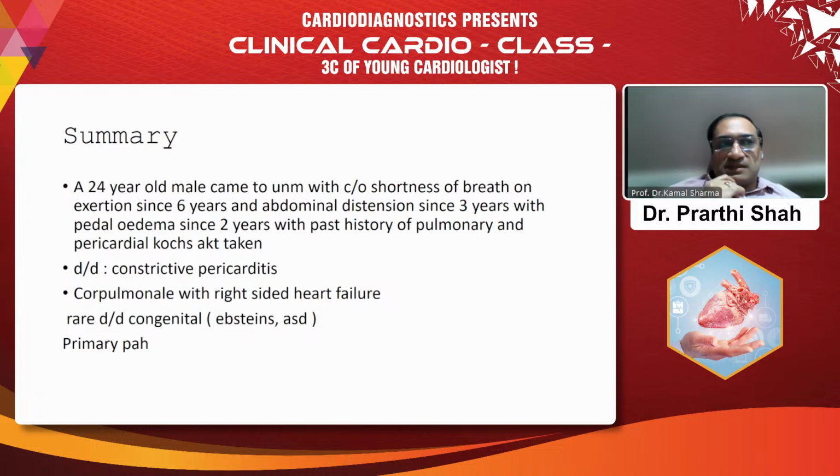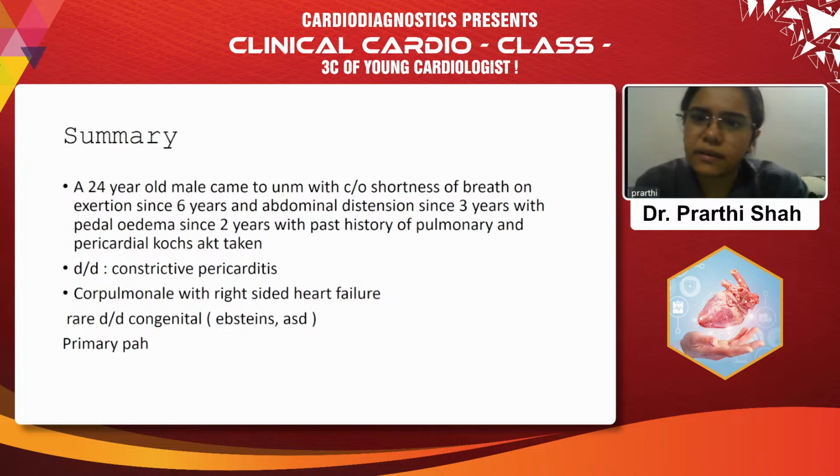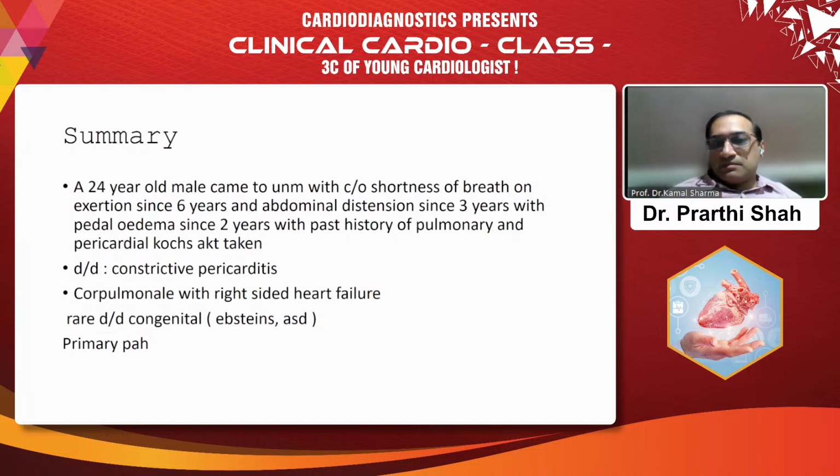So can you tell me some multi-system disorder which can present with constriction? Sir, one of the rare syndromic associations with constriction is Mulibrey nanism. Mulibrey nanism would not come so late. Usually this is fatal. Yes, sir. What is it?